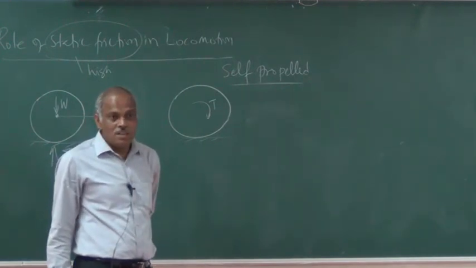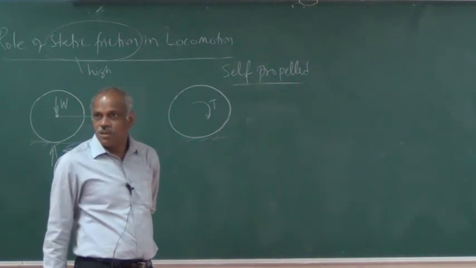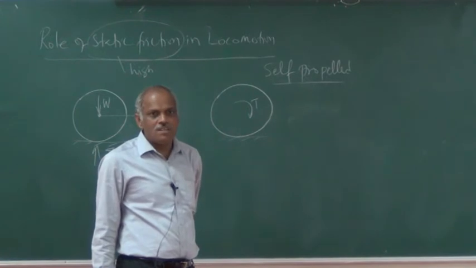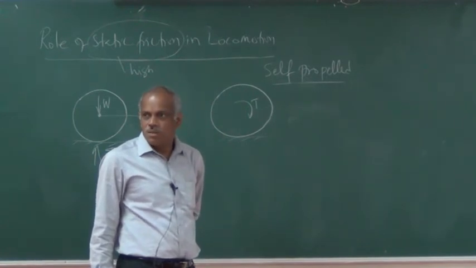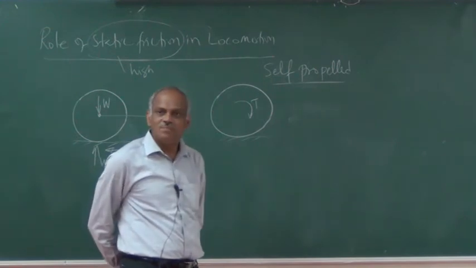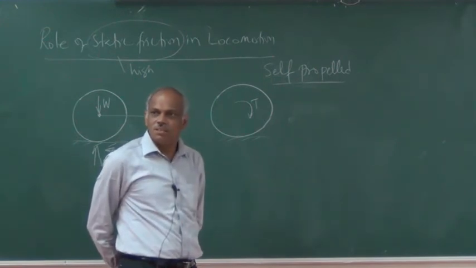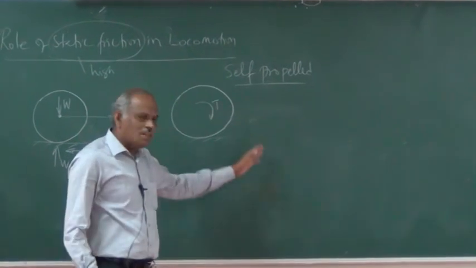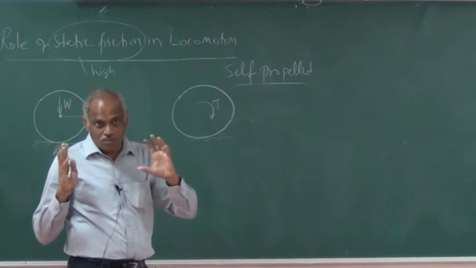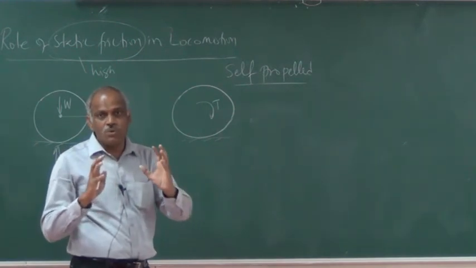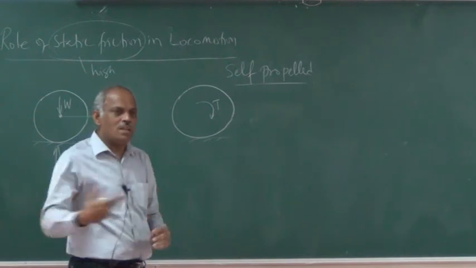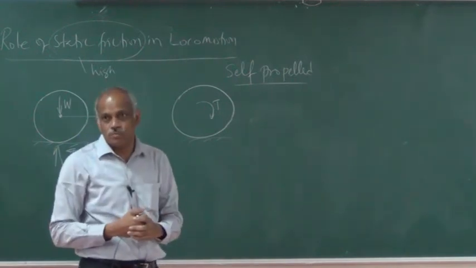We know that an automobile moves on the road, an aircraft flies, a ship cruises in the water. But how do you say that it is an internal force? The internal forces alone will not propel it.